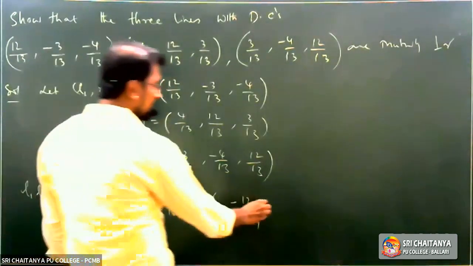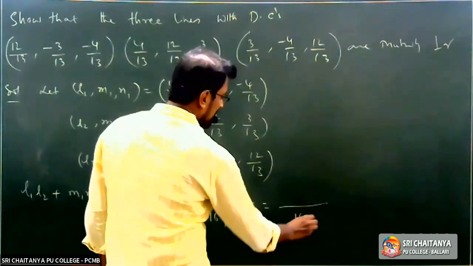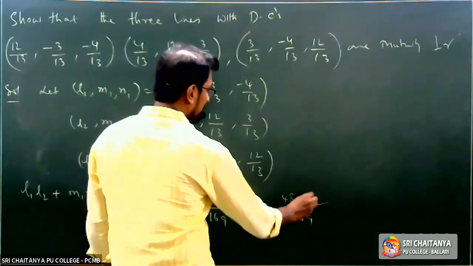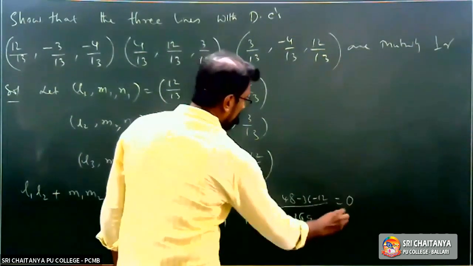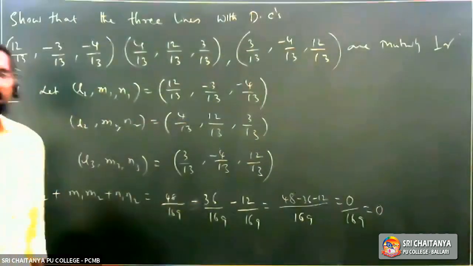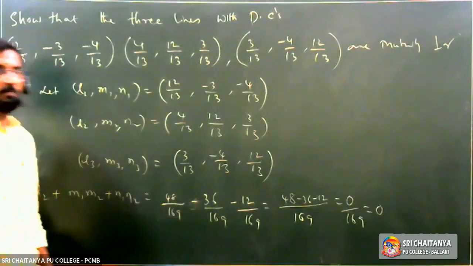Take LCM, you are going to get 169 as denominator, 48 minus 36 minus 12, 0 by 169 is equal to 0.